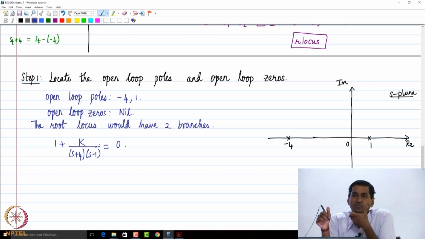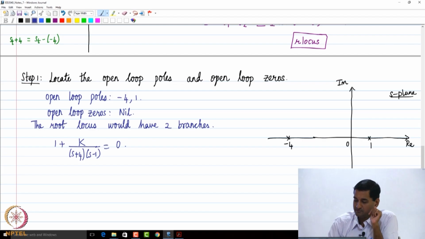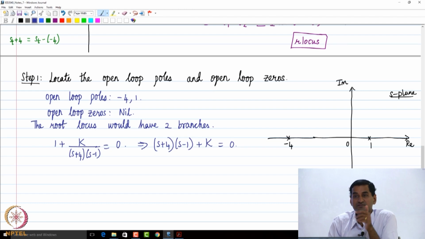Why do you think that happens? Immediately you can rework this equation as (s plus 4) times (s minus 1) plus k equals 0. Now the answer is pretty obvious, right? You substitute k equals 0. What are the roots? -4 and +1.